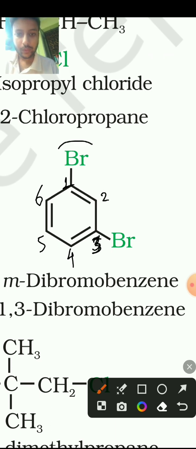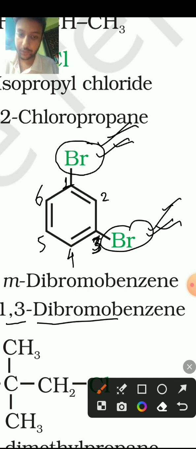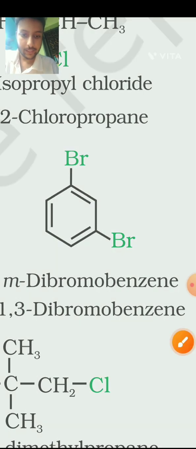So with the first carbon, 1 bromine is attached, and on the third carbon, 1 more bromine is attached. So the IUPAC name goes like 1,3, and since the same functional group is attached twice, dibromobenzene. Clear? I hope it is clear.